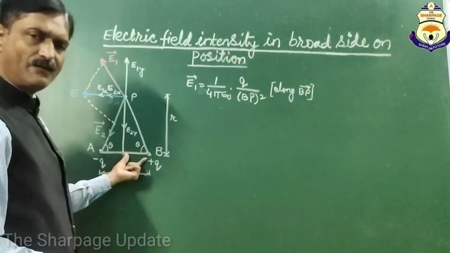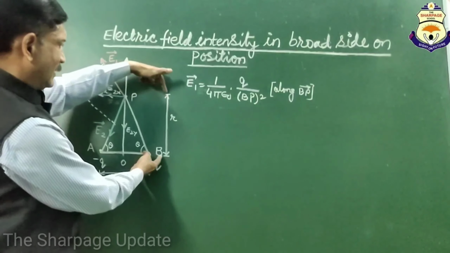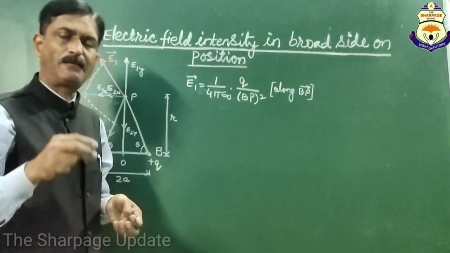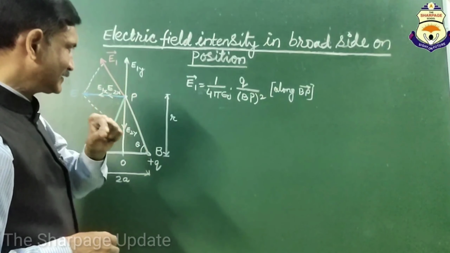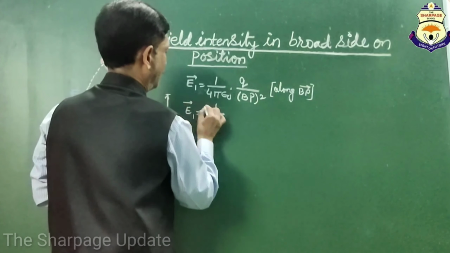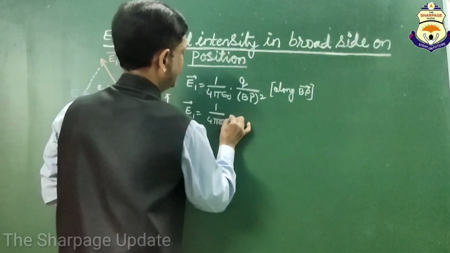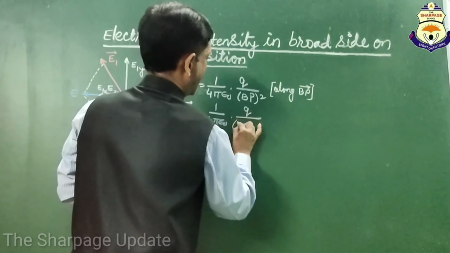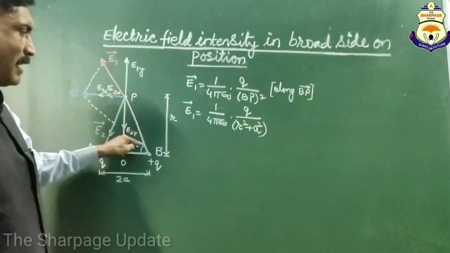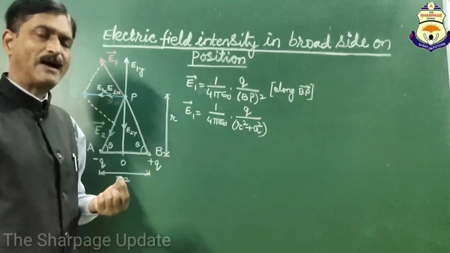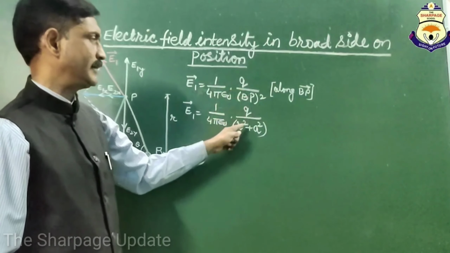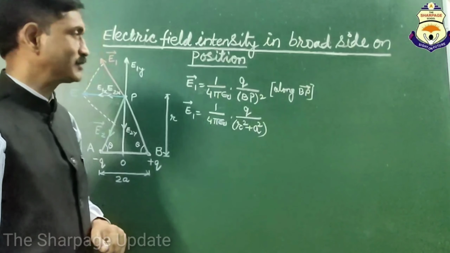So the distance OB will be A. And you can see here the distance OP is R. So we can find BP square using the Pythagoras theorem, and E1 equals 1 upon 4 pi epsilon 0 into Q divided by R square plus A square. Because as we know by the Pythagoras theorem, hypotenuse square equals perpendicular square plus base square, so BP square is equal to R square plus A square.